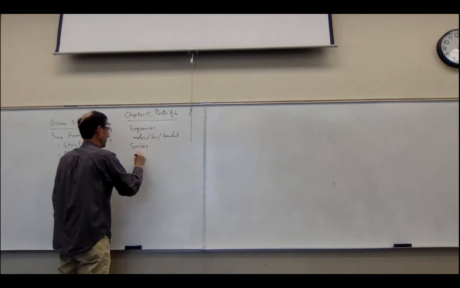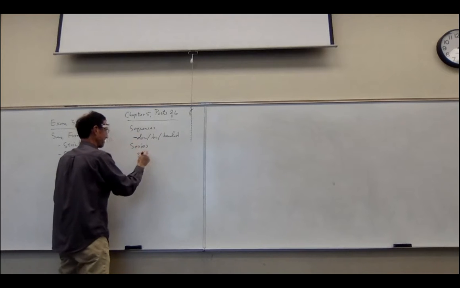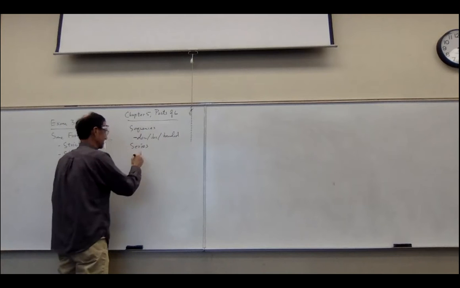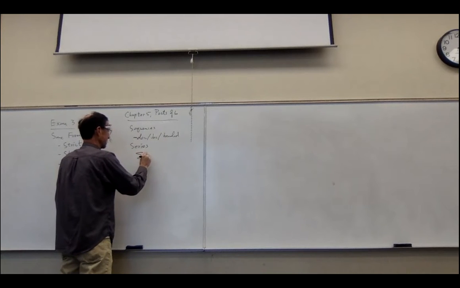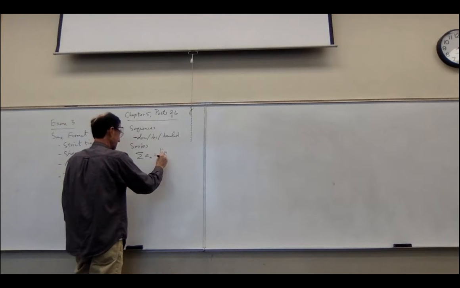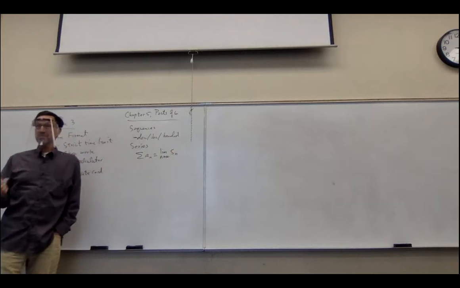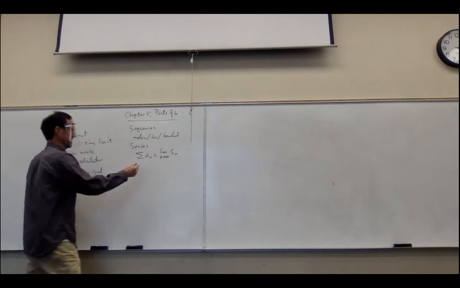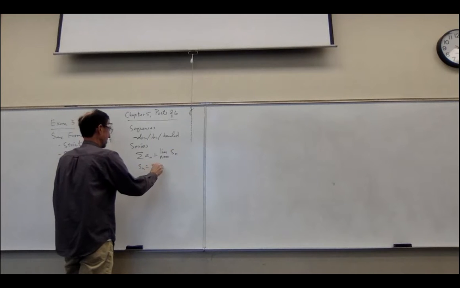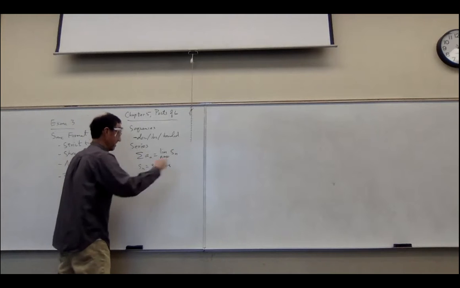And then we really don't care about sequences so much, we care about series. But the only way that we can really handle an infinite sum is through its sequence of partial sums. So we say the sum of the series is the limit of the sequence of partial sums. This is our definition. That's what Sn is. It's exactly what it says: as n goes, we just sum up more of it.